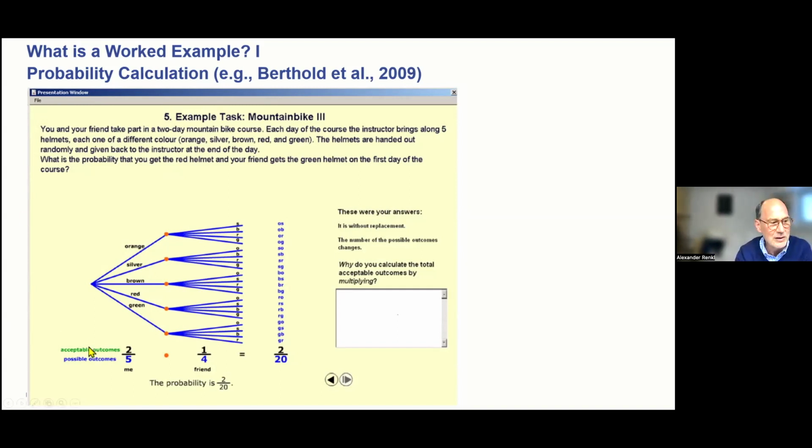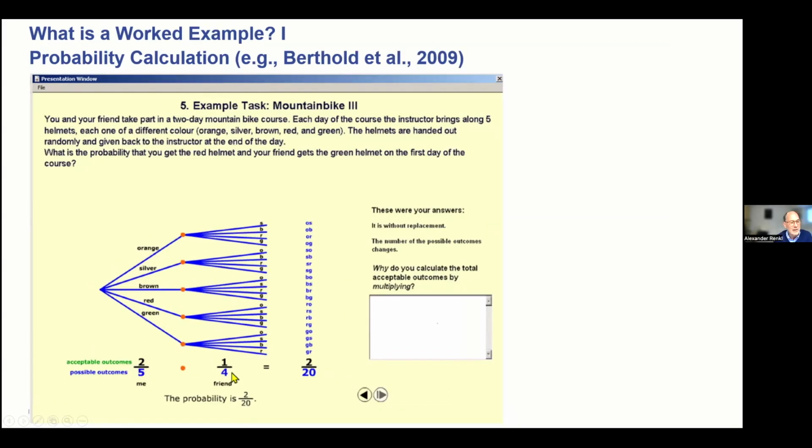Do you see my cursor? Yes, we can see. For example, you multiply this fraction, but this means also that you multiply the denominators and so on. The aim is to really understand why you multiply and do not do something else. This can be done by integrating this graphic, this tree diagram, with the numerical solution.